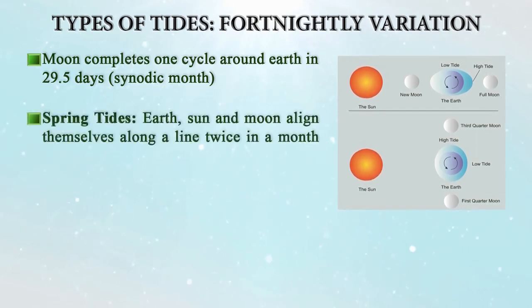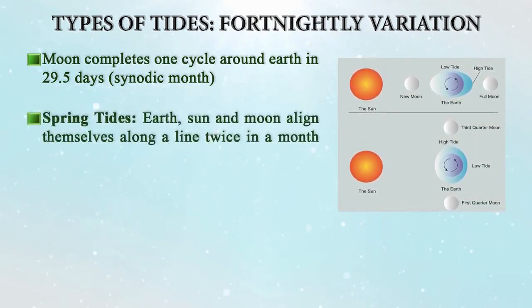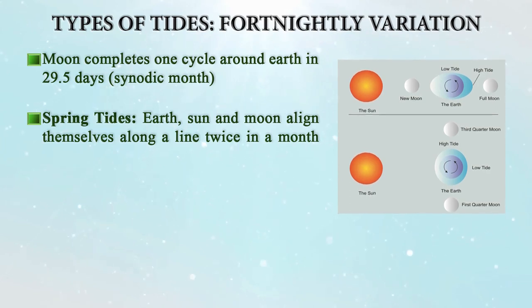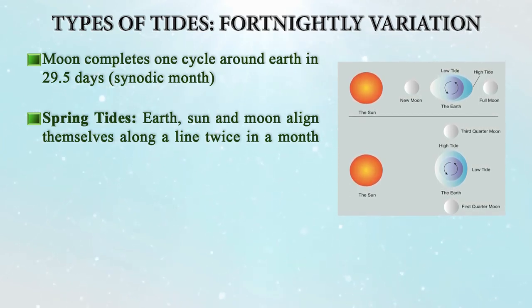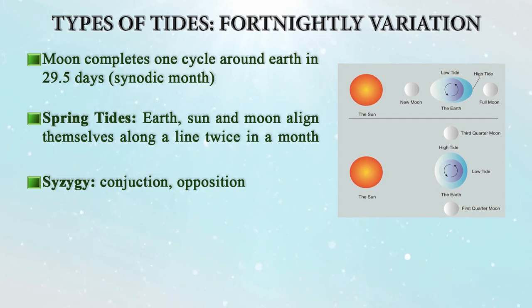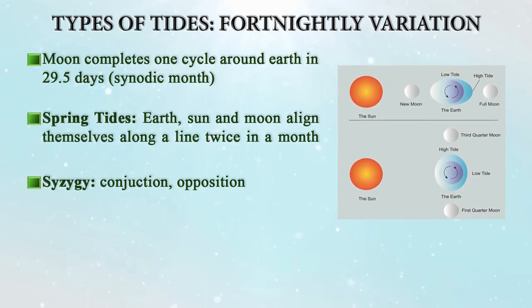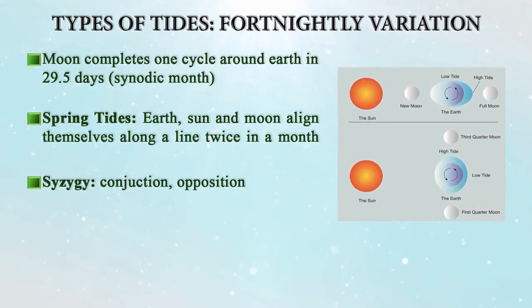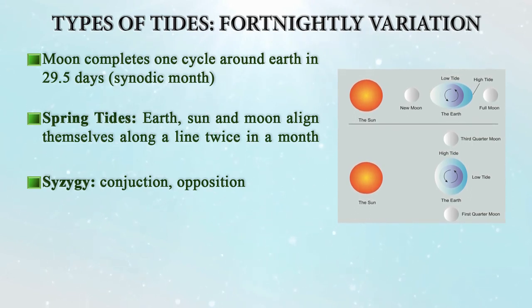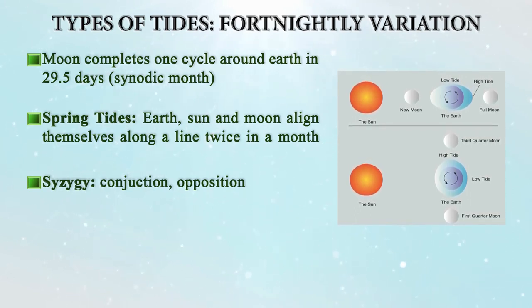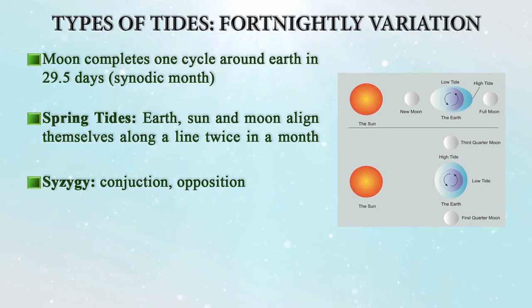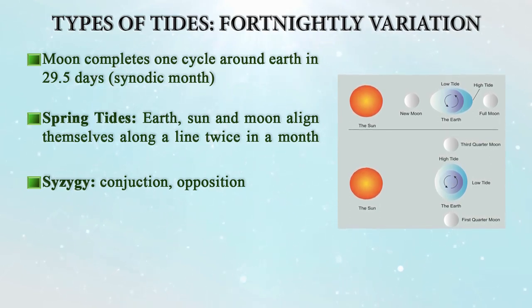You can see the first position is that sun, moon and earth are all in the same line. This position is called syzygy. When the moon is in between the sun and earth, that is both sun and moon are on one side of earth, it is called conjunction position.